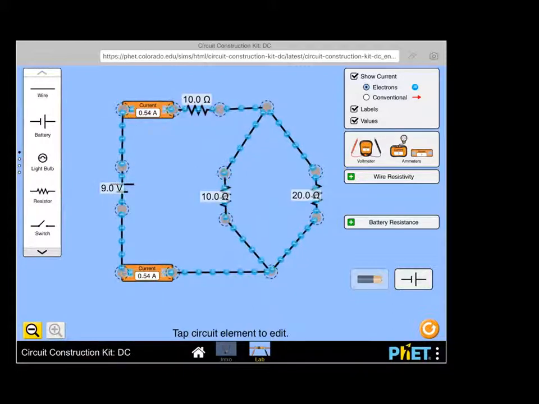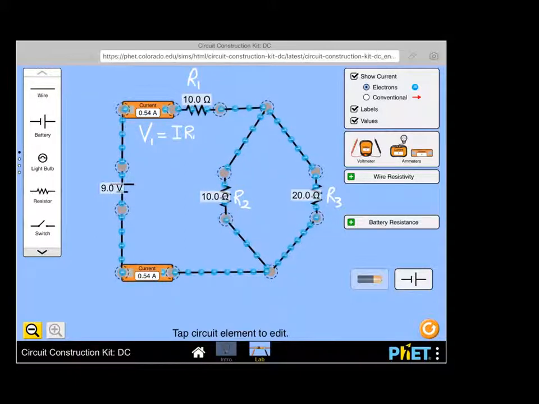All right. So what we can do is figure out the voltage. So remember, this was R1. That was R2, and that was R3. Now that we know that there's 0.54 amps going through a 10 ohm resistor, we can compute voltage 1. And that's going to be total current times resistance 1.